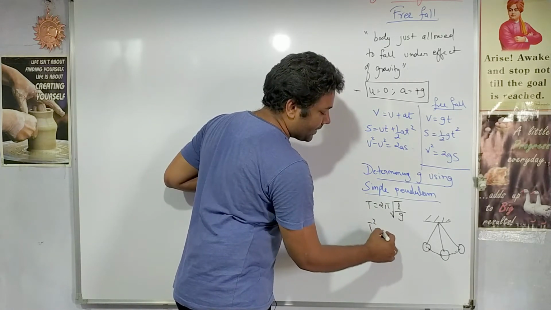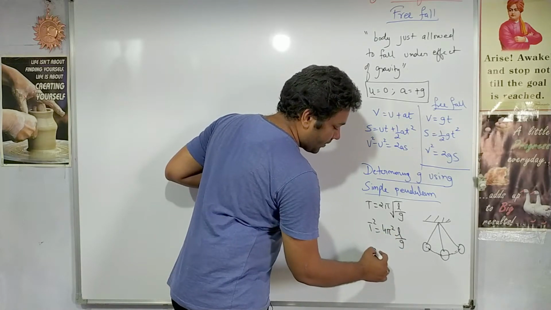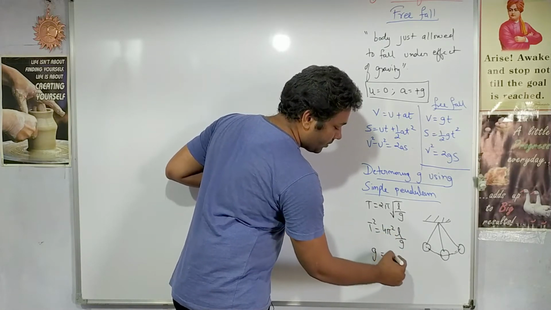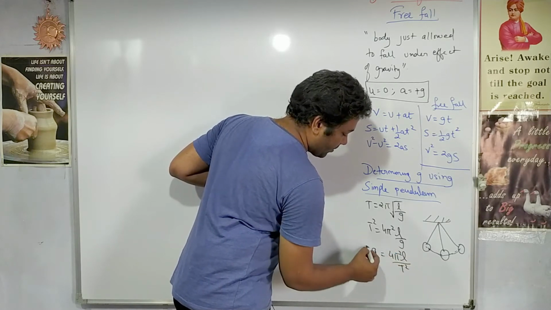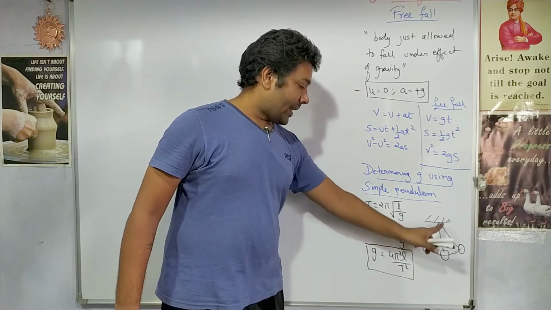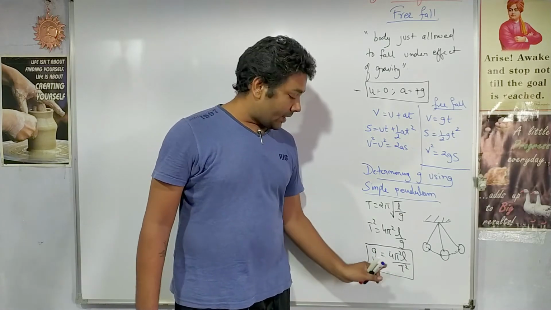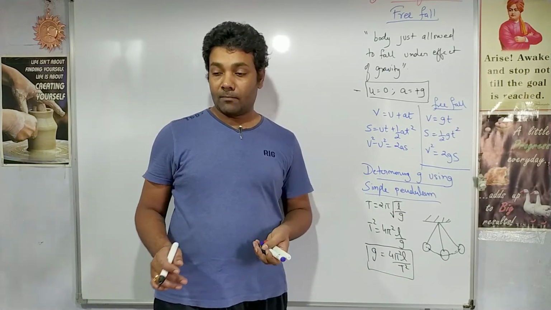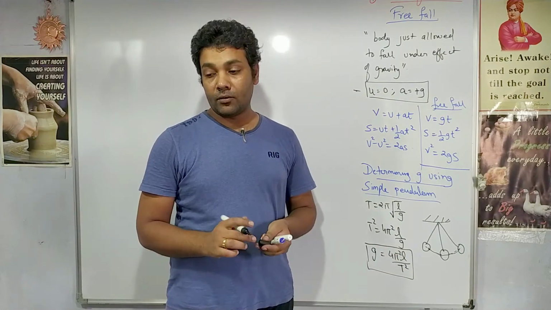Squaring on both sides and shifting g to the left-hand side, g = 4 pi square L by T square. This is how I get the value of g. Here, the length of the pendulum you must know, the time period you must know, and then you can calculate the value of g. So with the help of a simple pendulum, you can calculate g.